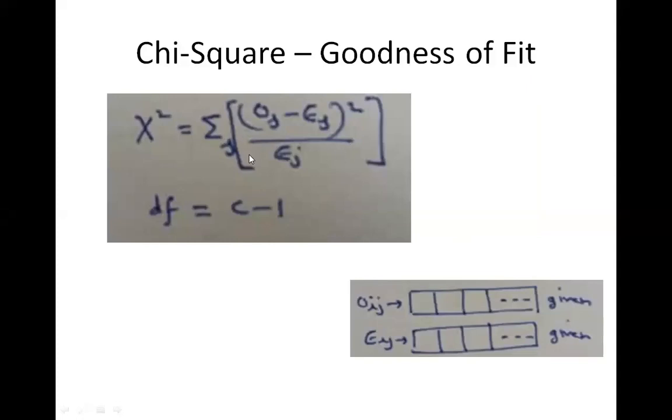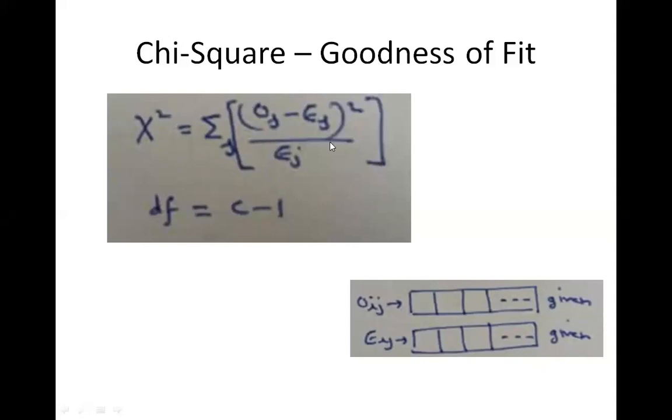So the formula for chi-square test for goodness of fit is, since there is single row and multiple columns, i is equal to 1. So there is no sigma for i here. Here there is only one sigma. So chi-square is equal to sigma j, j is for column 1, 2, 3.